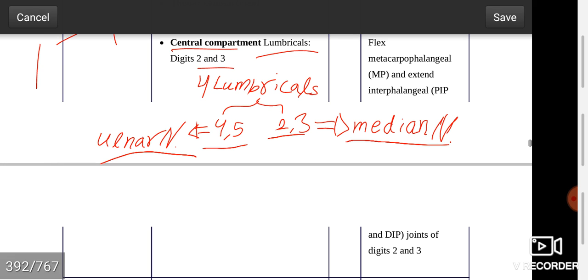Now let us see what the lumbricals do. The lumbricals' action is flexing of the metacarpophalangeal joints and extension of the interphalangeal joints. We have 2 interphalangeal joints: one is the proximal interphalangeal joint, and the other is the distal interphalangeal joint.